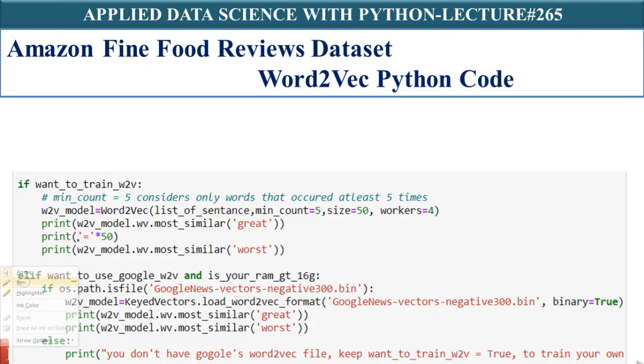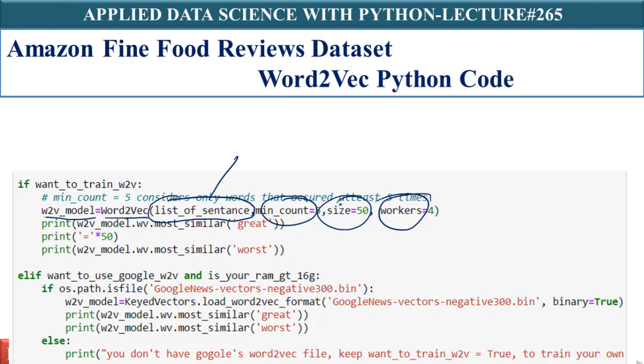Word2vec_model, Word2vec of list_of_sentences. List of sentences is what I showed in the previous slide; I am keeping all the words in this particular list. min_count equal to 5, that's what it says. Workers equal to 4, size equal to 50.